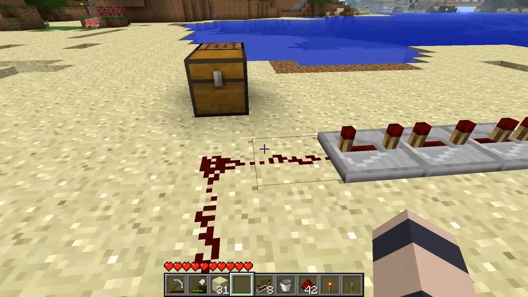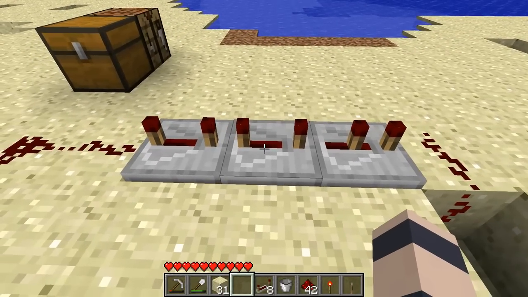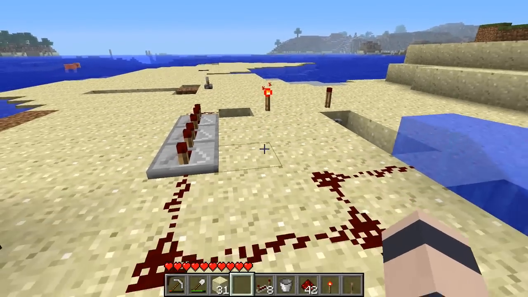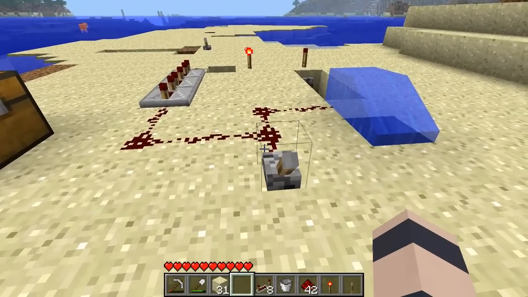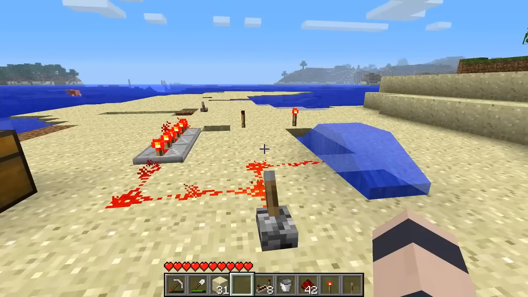The repeaters, on the other hand, they're set to 4, 4, 2, which is 10 torch delays, or 20 ticks, or 1 second. So it's the same timing. Let's see if it works. It does. By applying this, it's possible to use water as a timing device that is very accurate.